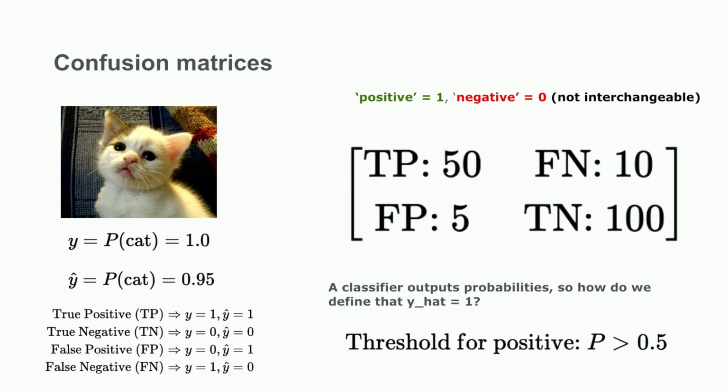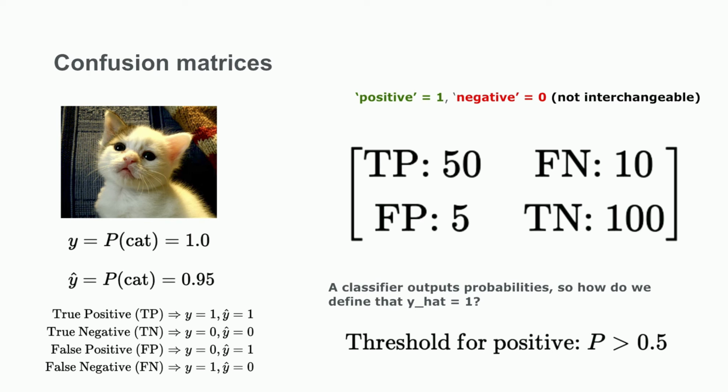The confusion matrix is when we count the agreement between the things that we said were positive according to the output of the model and the threshold that we use for binarizing the output, and what we have in the ground truth.